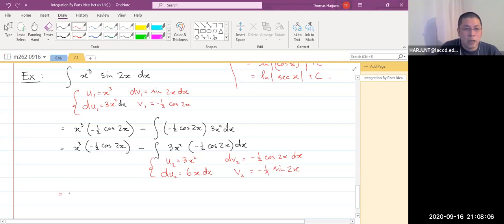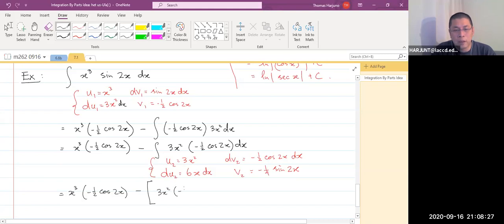Okay, such that now we get x cubed times negative 1/2 cosine 2x minus bracket u v minus integral of phi du.